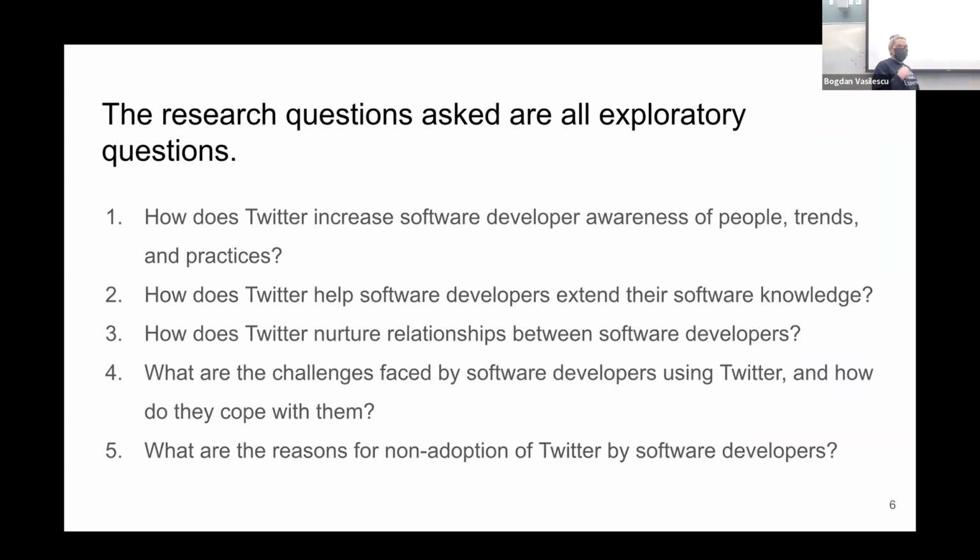So I could be wrong, but I believe that all the research questions are exploratory. They have 5 research questions, just generally looking at how Twitter is increasing software development awareness on people, trends, practices, how it's nurturing relationships between developers, and then of course looking at why developers are using Twitter, and reasons for non-adoption.